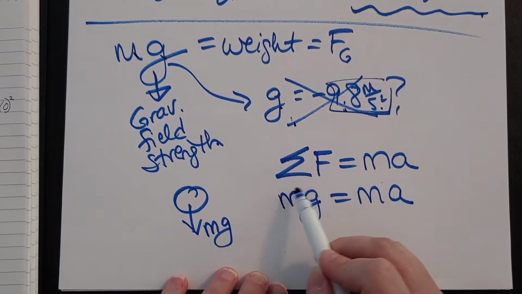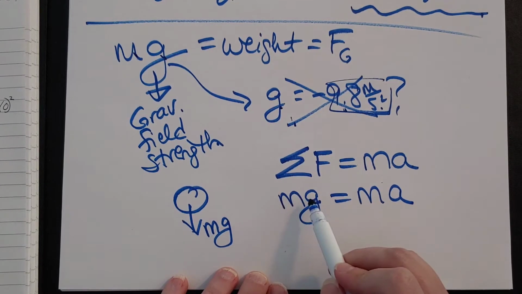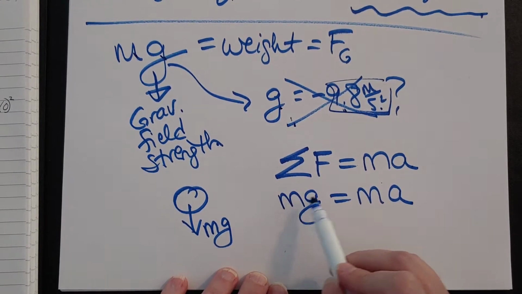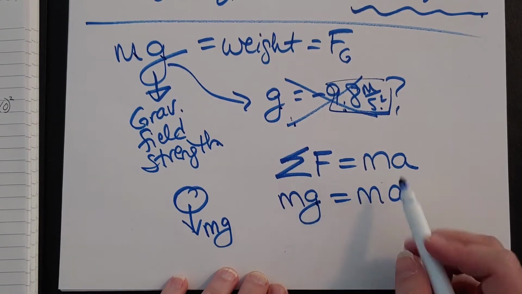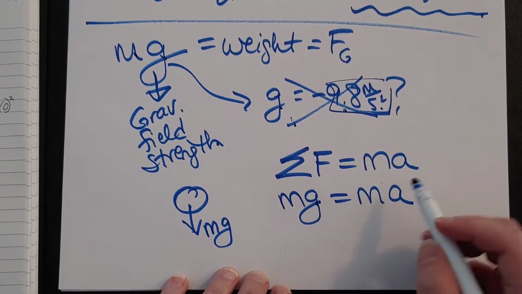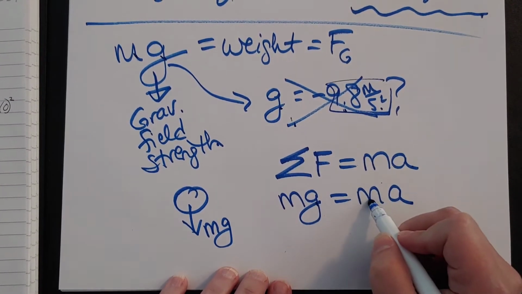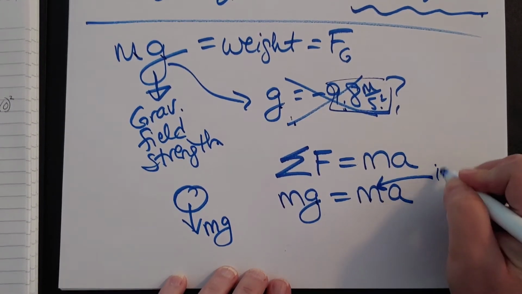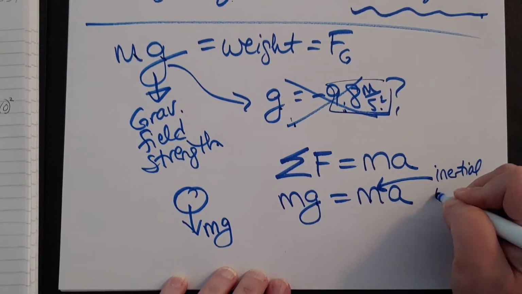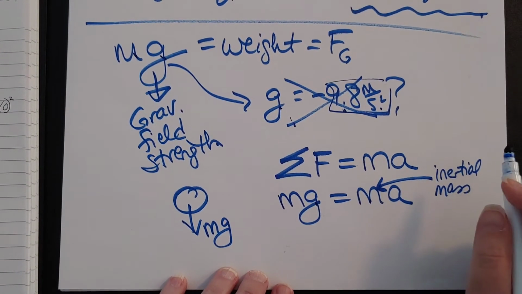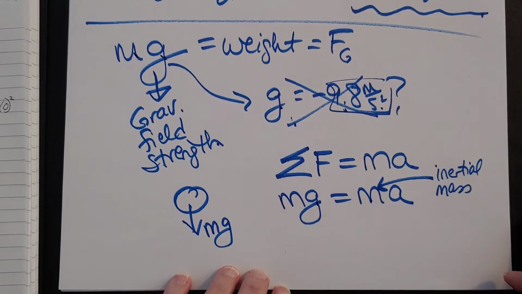This is the definition of weight. This is what happens when you put a mass in a gravitational field. You get a force on it that's equal to this. This is just the Newton's second law part, where this m is the inertial mass. It's the mass that resists that force.